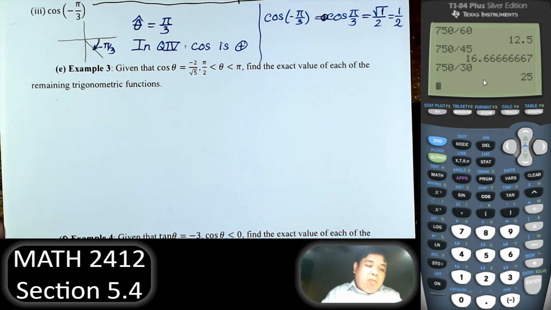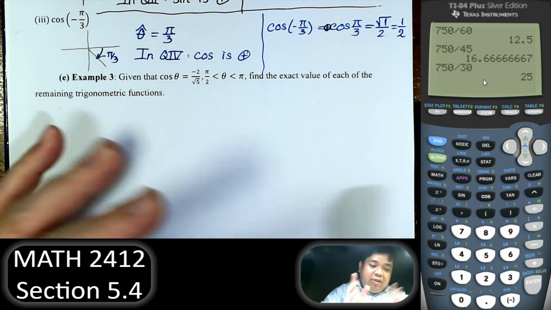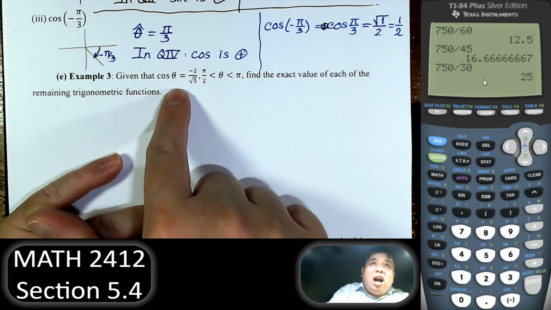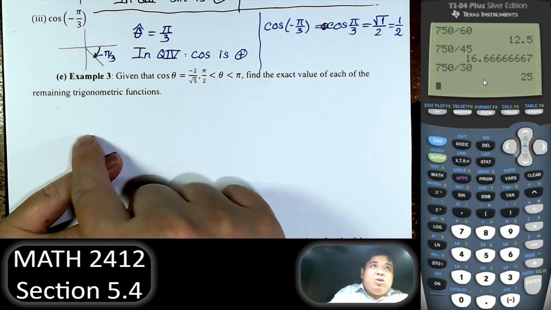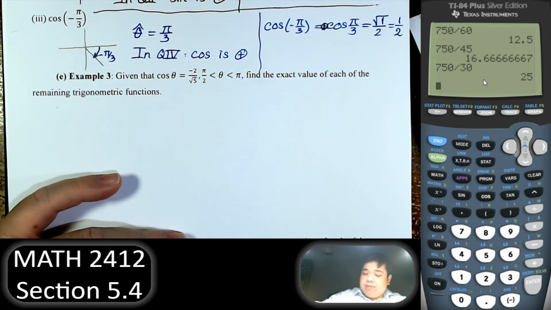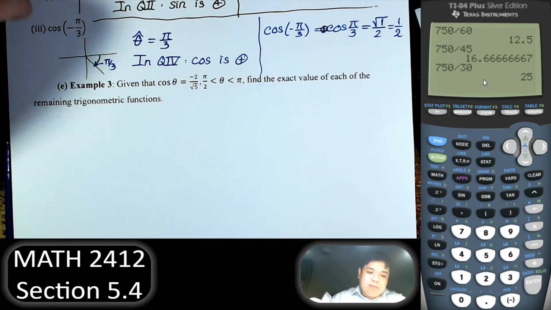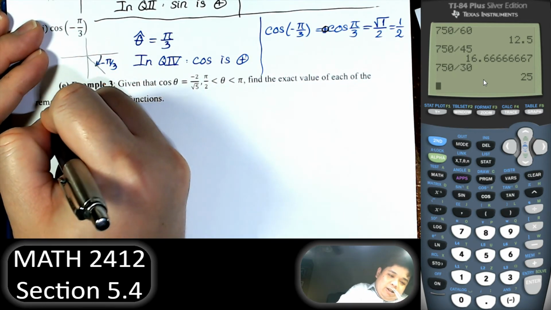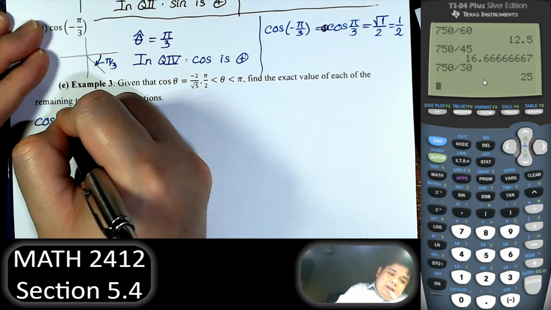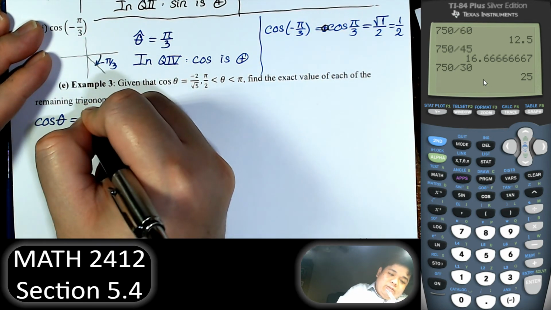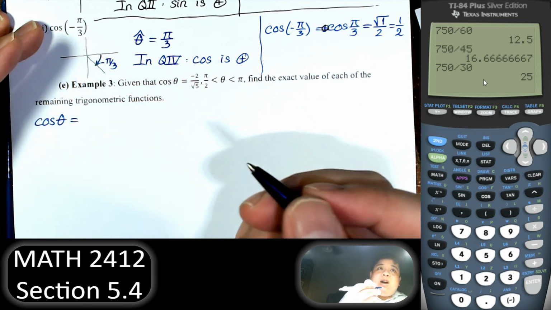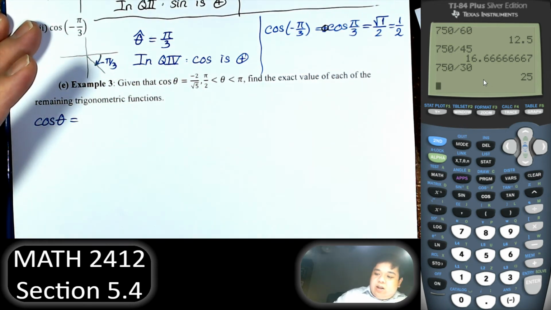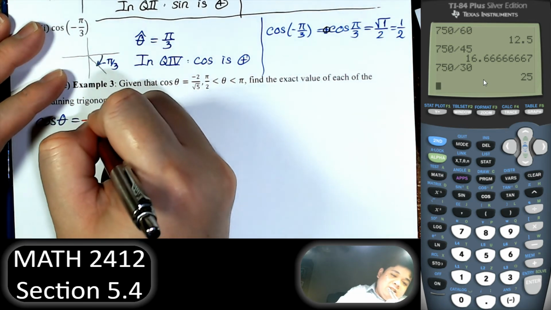Now just based on the definition. Suppose cosine is equal to this. Find the exact values of the remaining trigonometric functions. Right. So first, cosine is equal to negative 2 over square root of 5. The ratio for cosine, what do we know about that?